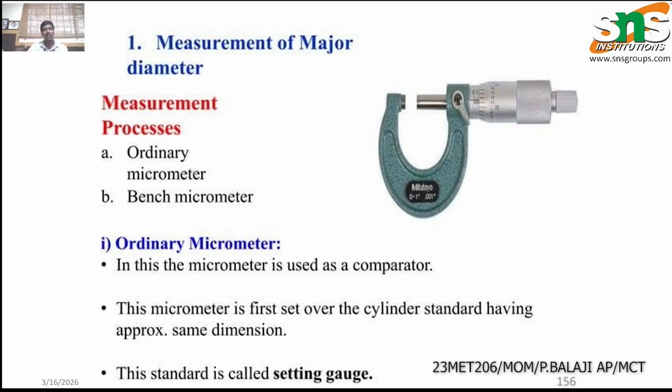By rolling the thimble, we have scale readings available, and by seeing that, we can measure the diameter of the screw threads. In these ways we can measure the major diameter using the ordinary micrometer and the bench micrometer.